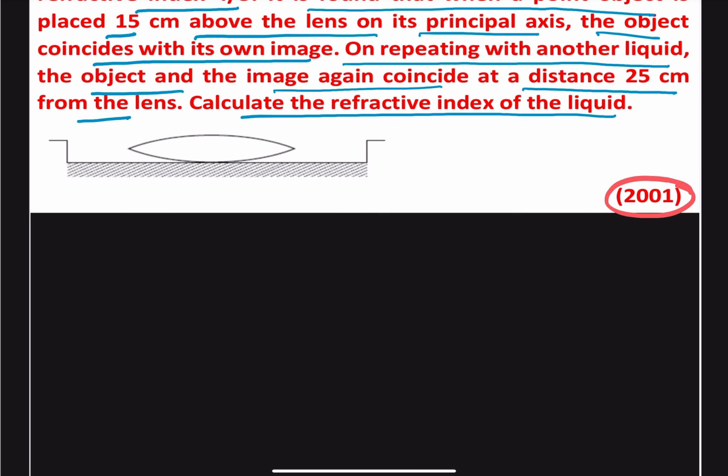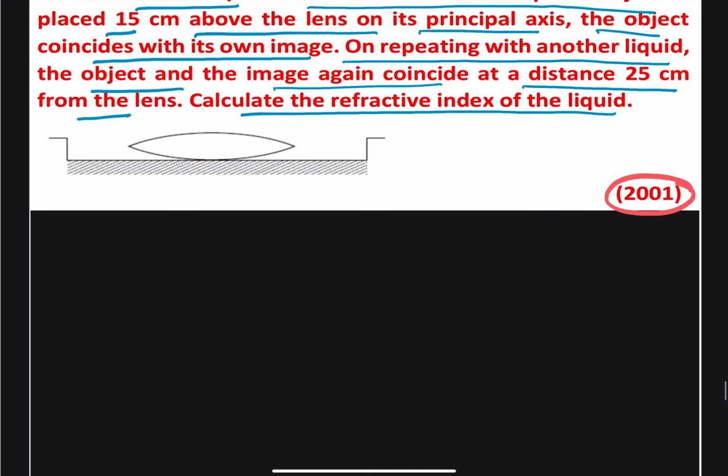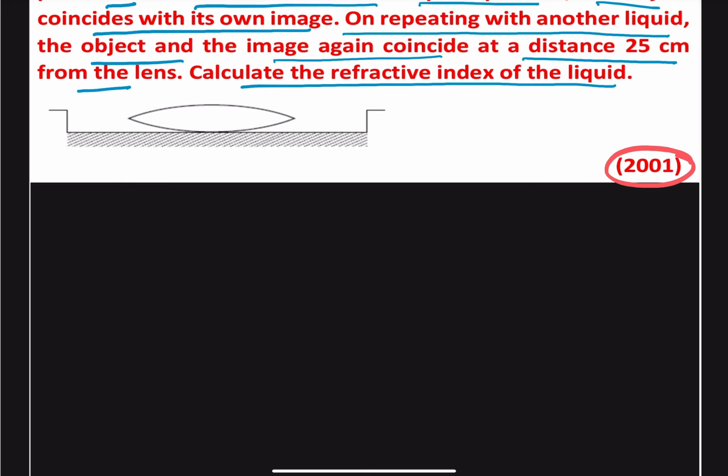So here we are given two different liquids. One refractive index we know and another one we don't know. And in both the cases, the object and image coincide with each other but at a different distance. So let's divide the question into two parts so we can approximate the figures. So this is our glass, and above it we have a mirror lens, like this.